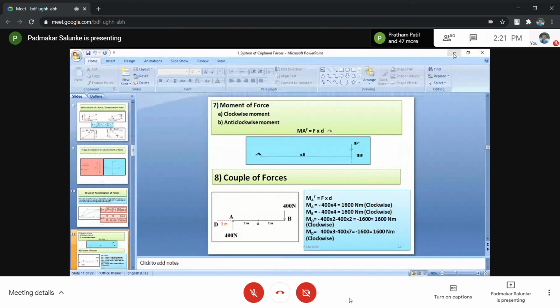Once again, moment of a force is the product of force and the perpendicular distance between the line of action of a force and the point at which moment is taken. Please mute yourself.